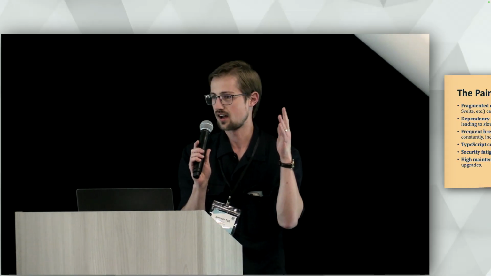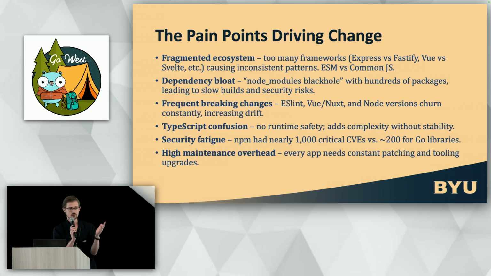And that was a mistake, to say it bluntly. These were the pain points that were driving us to change away from that, and in the last year, we made this switch to Go. We had too many frameworks to work with, and they kept changing too fast. Just today, I got a newsletter that said we have a new version of Next.js and Vite, so go upgrade to the next major versions, I guess.